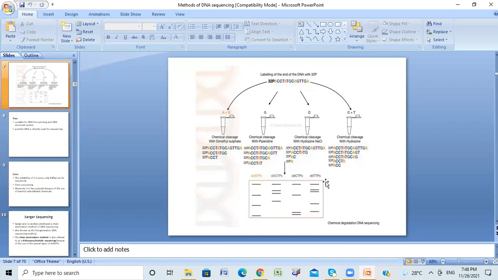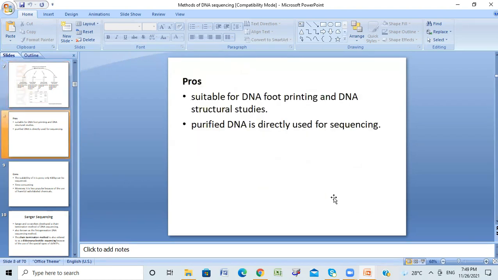So that is the sequence from the 5 prime end to the 3 prime end. This is on the single strand here. Now since you know the sequence, the complementary strand can be easily synthesized, so you are getting the double strand sequence. Clear? Yes, ma'am. Okay, so this is how you get that one.